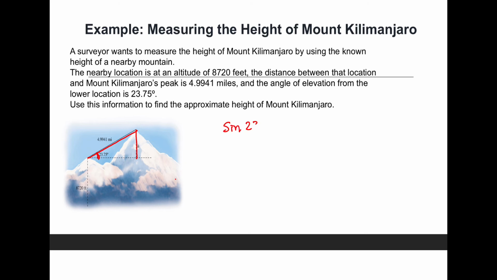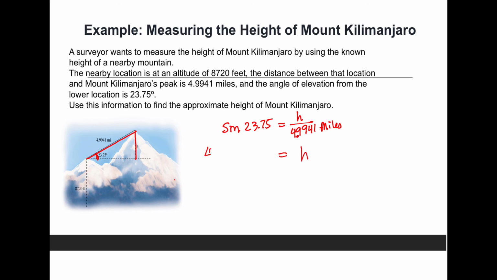The sine of 23.75 is equal to my height divided by 49941. Oh, wait, I did something wrong there. 4.9941 miles. That would be a lot of miles there. There's a decimal there. So height obviously is going to be equal to 4.9941 miles times the sine of 23.75. We can go ahead and type that into our calculators.